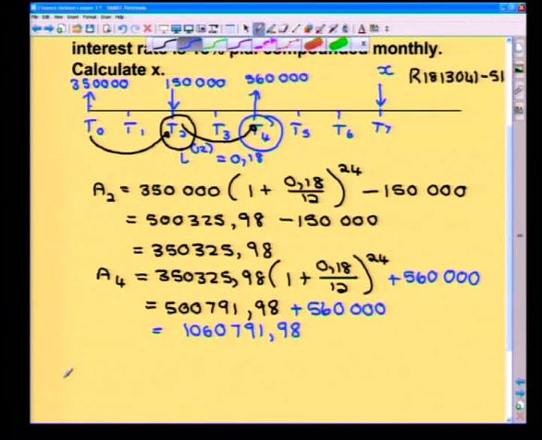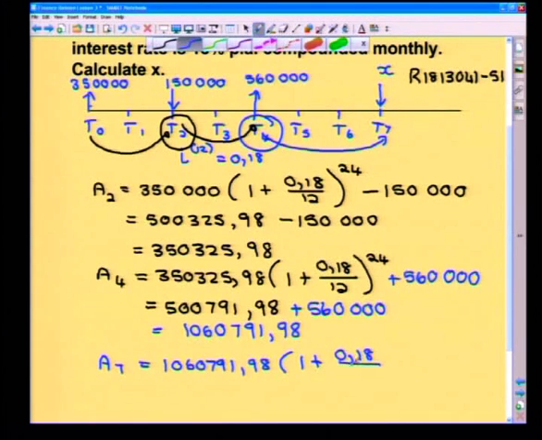Now, unfortunately, I still have to grow this debt to the end here. So now it's going to grow another 3 years like that. So to get to A7, I'm going to go 1060791.98. I'm going to increase my interest like I did before, but this time it's 3 years, so 3 12s are 36.